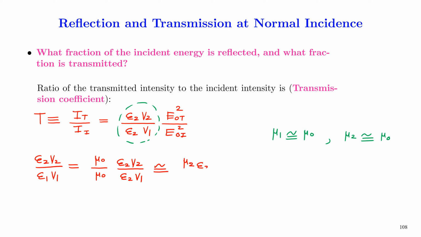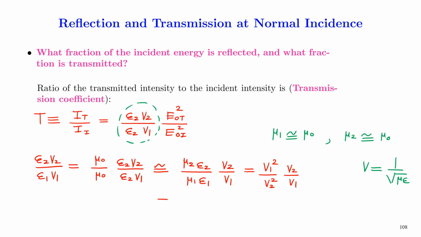mu2 epsilon 2 in the numerator and mu1 epsilon 1 in the denominator multiplied by V2 over V1, and this is equal to V1 square divided by V2 square multiplied by V2 divided by V1, because we have V equal to 1 over square root of mu epsilon.